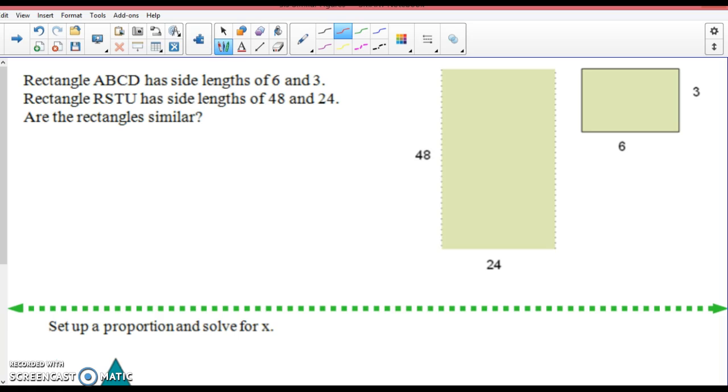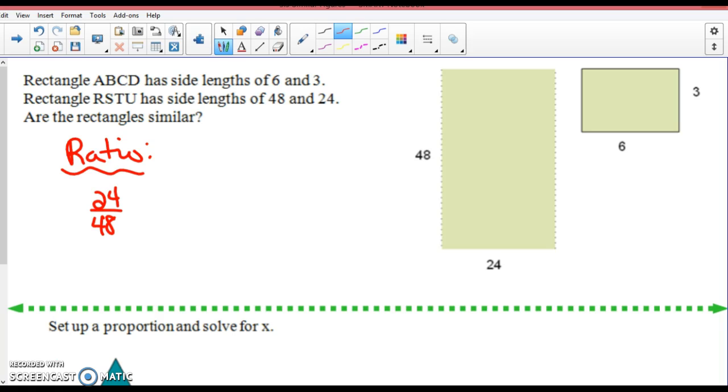Let's figure out what the ratio of the sides are, because if they are similar, there will be the same ratio. Now, you can set this up one of two ways. This first rectangle, if you do width over length, won't it be 24 over 48, width over length?